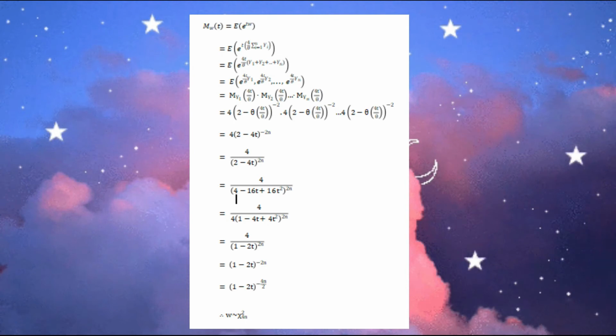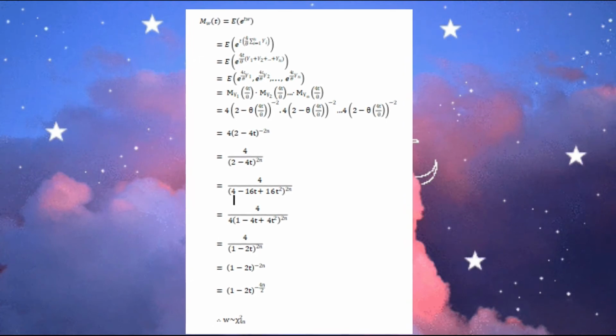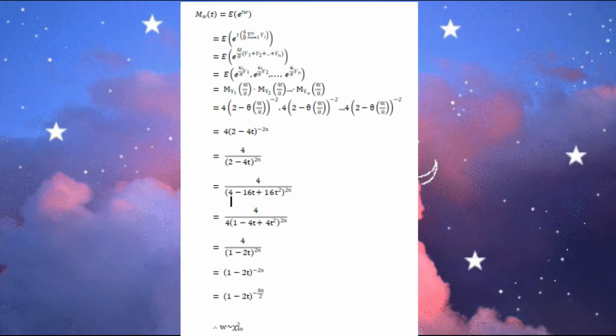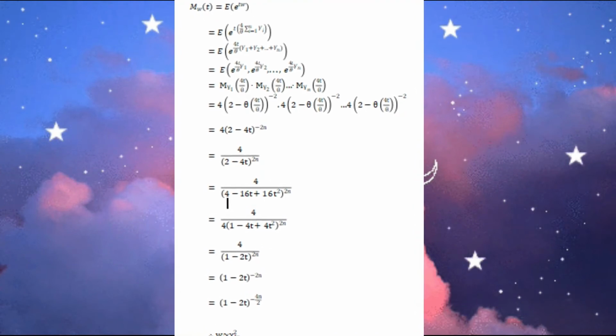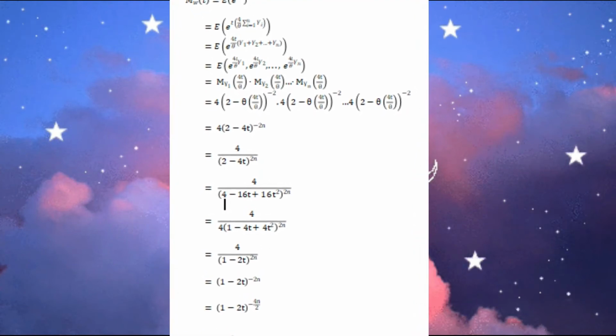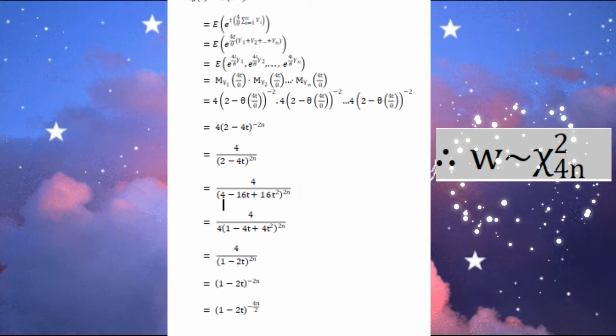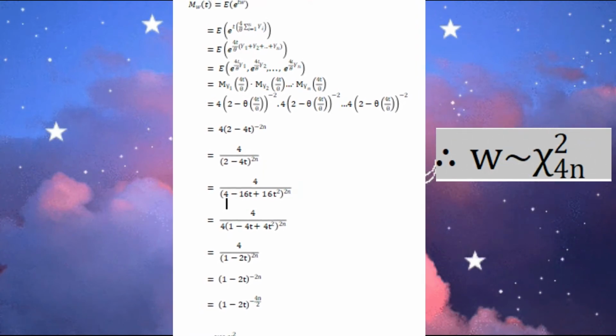After that, we simplify more until we get (1 minus 2t) to the power of negative 4n over 2. Now we can write the new distribution of W, which is W follows chi-square with 4n as the degrees of freedom.